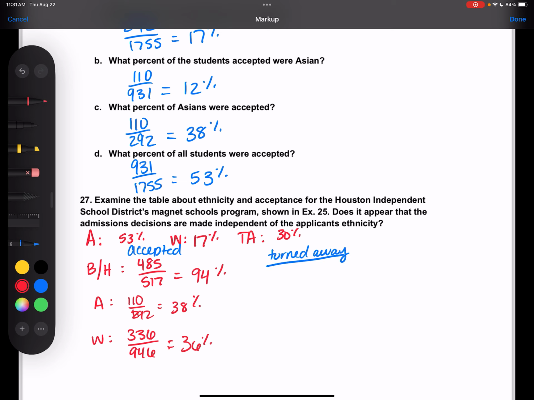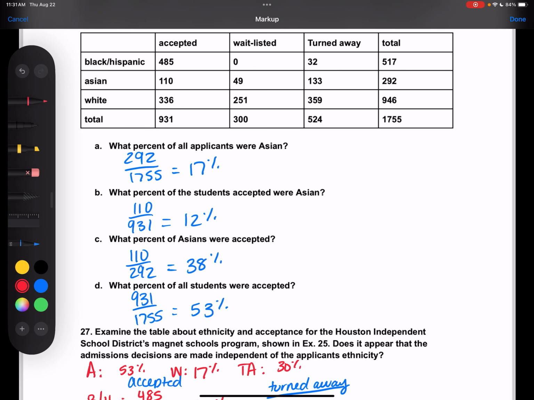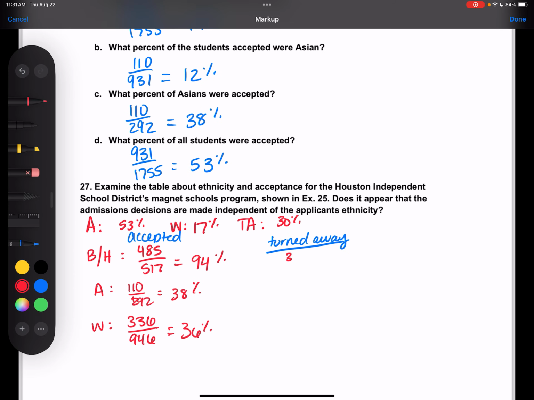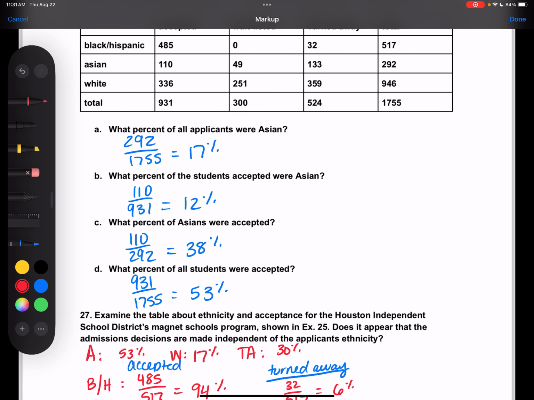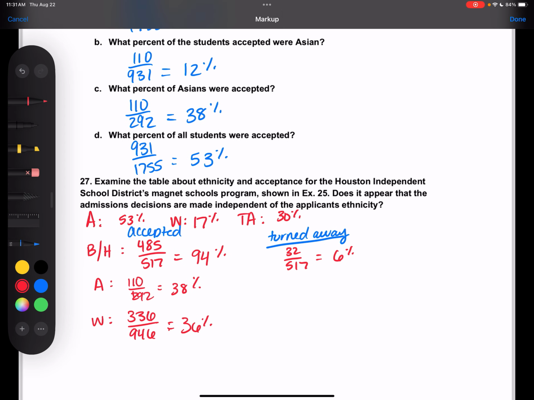So that's going to be the number that were turned away out of their total number. So 32 out of 517, which is 6%. Asian was 133 out of 292, which is 46%.